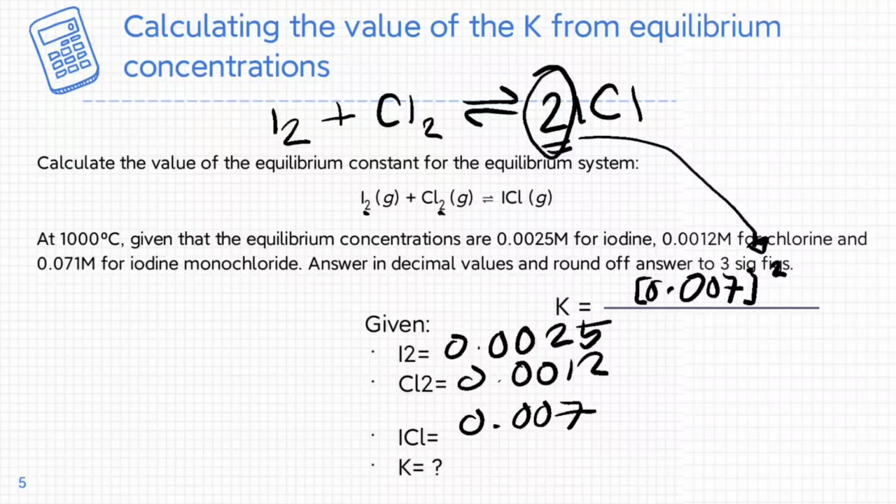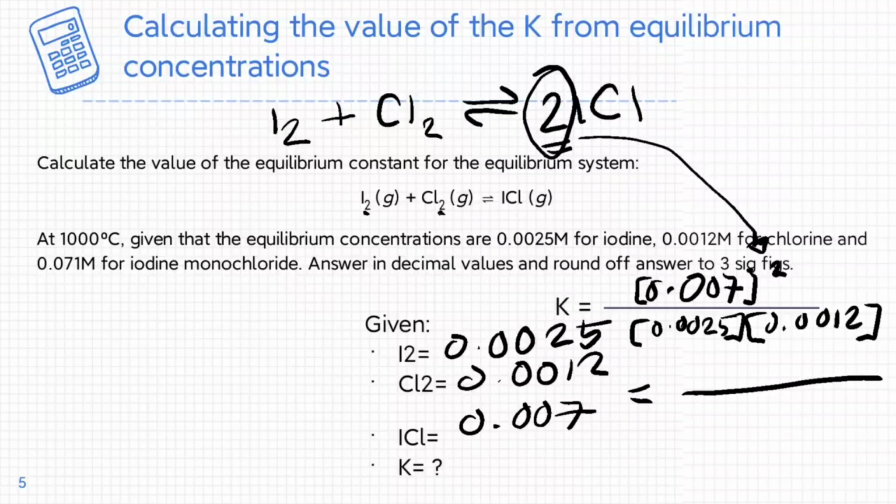And then in your denominator, of course, your reactants. So, you have 0.0025 and then 0.0012. Okay, now if we compute that, you try to compute this formula as well.